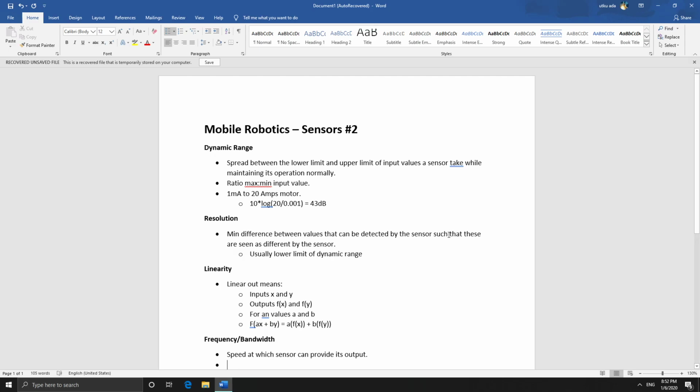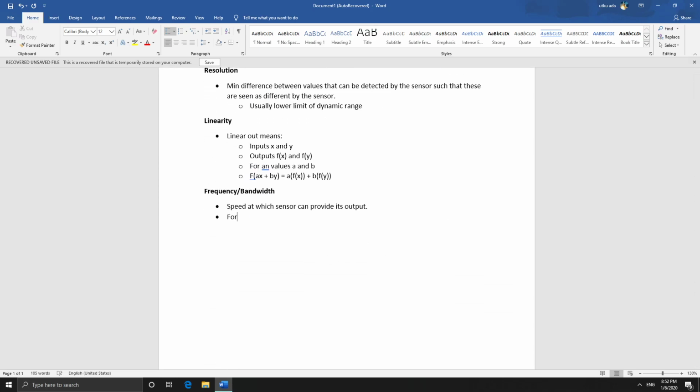And if we define this formally, this is the number of measurements per second of the sensor.